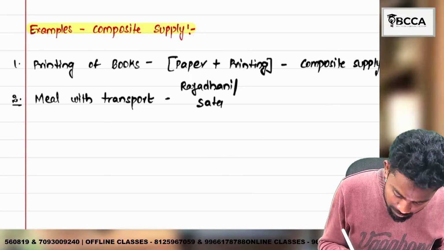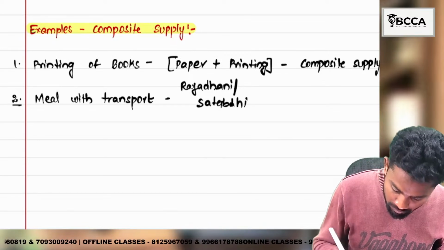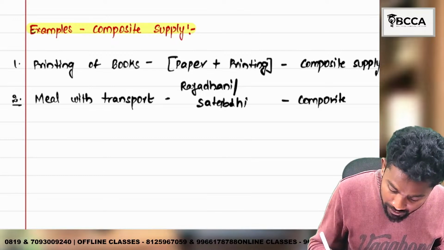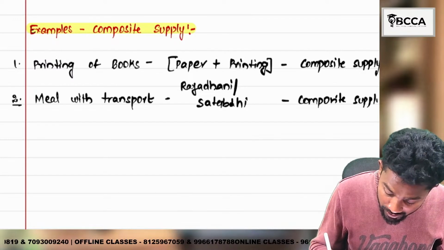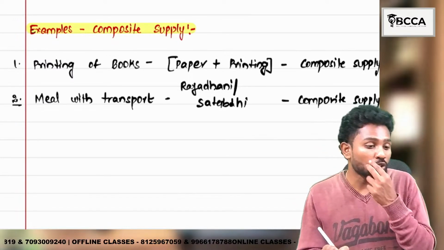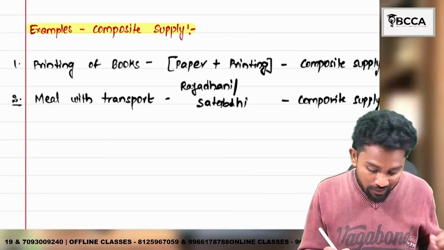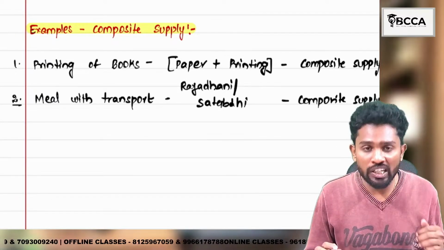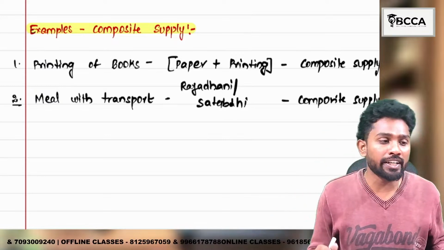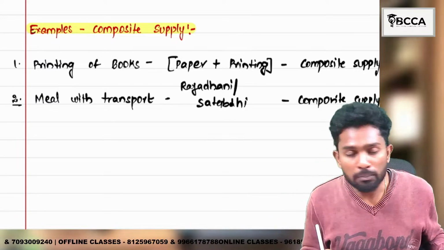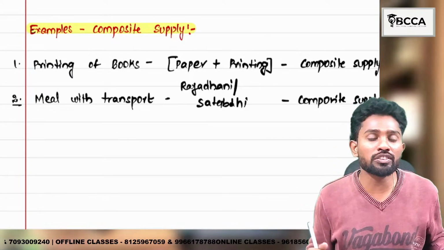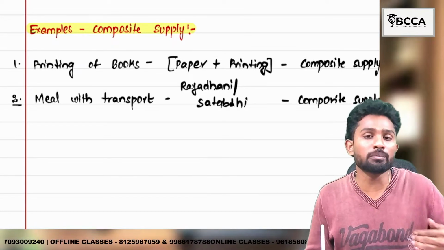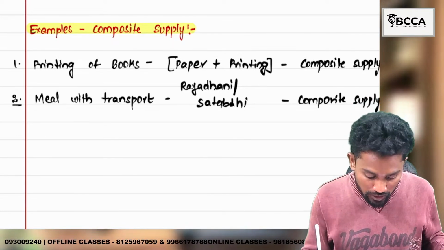Rajdhani, Shatabdi, these trains, it is composite supply. Sir, in Vande Bharat it's not composite because there you have the option either to opt for food or not. Sorry, in Rajdhani Express, when you are traveling, along with booking the train ticket, you even need to book the food also. You only have the choice of choosing whether veg or non-veg. Okay, you cannot opt out from taking the food. So it's about composite supply.